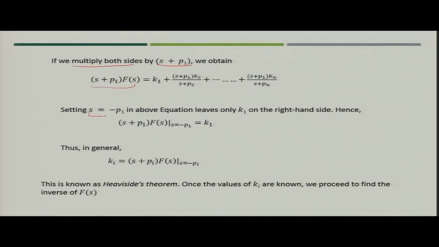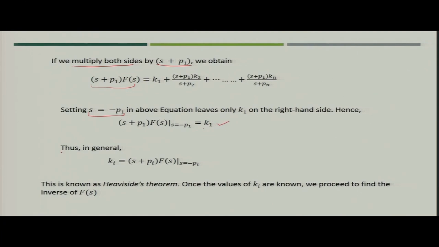Now, if you set s equal to minus p1 on both sides, the right side terms other than k1 become 0. So, k1 is simply (s + p1) F(s), the whole product evaluated at s equal to minus p1.